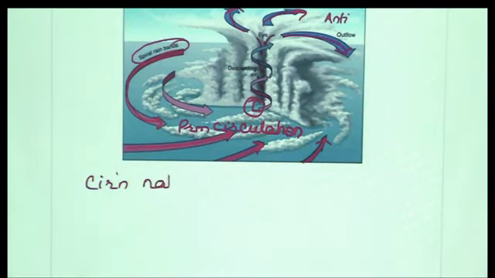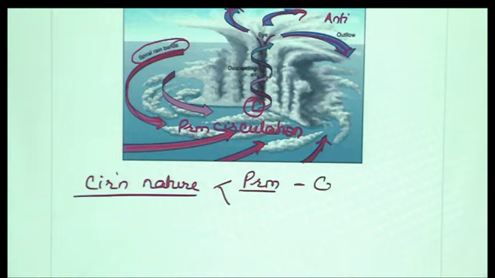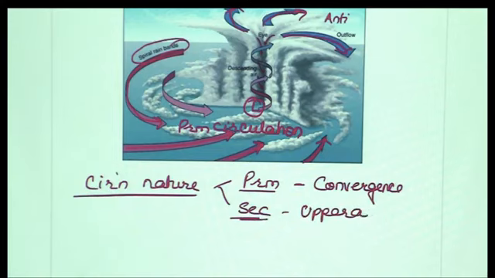Circulation nature in tropical cyclone thus is demarcated as two: primary convergence, secondary upper air divergence.